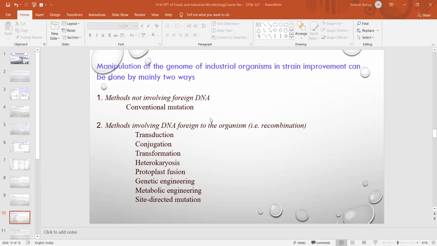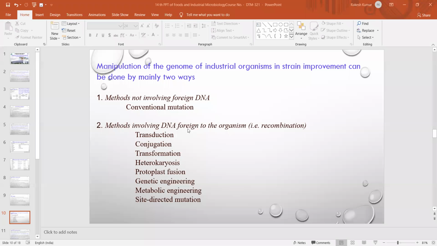You have already heard about this and have some idea: whenever a particular microorganism is in the system and you are creating a certain negative environment for it, there may be chances of mutation, and this is a very important thing whenever you are considering any sort of bioprocessing method. Second, methods involving DNA foreign to the organism.